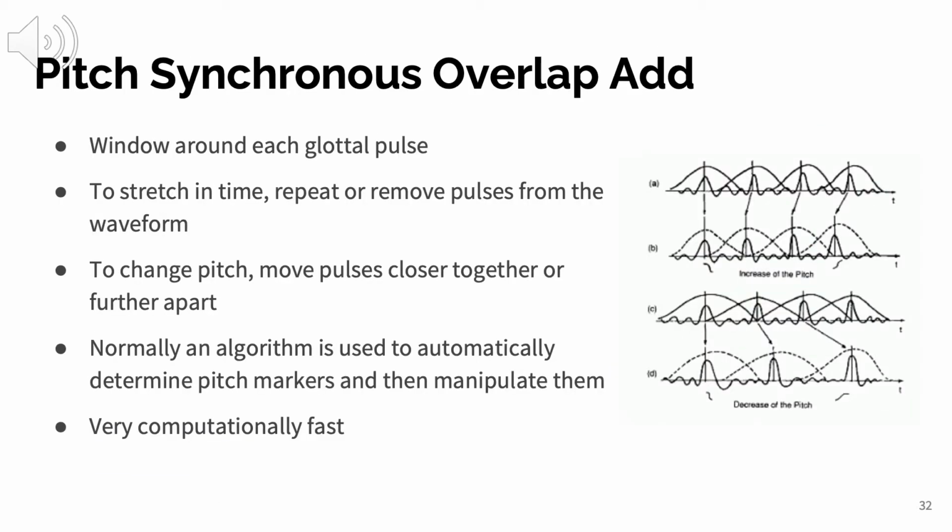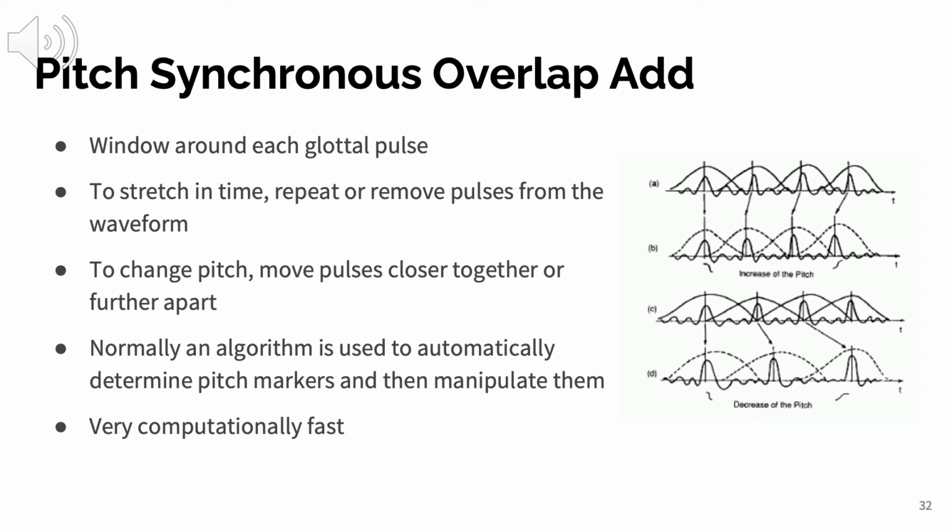Knowing that that's how speech is generated, there's a really computationally simple way of changing the duration and the pitch independent of one another. The component of voice which is actually producing the pitch is the vibration of the vocal folds. All of the rest of it doesn't really matter. Each time I have a pulse of air coming out of my vocal folds, it's being acted upon by the resonance within my vocal tract, but it's still just a pulse.